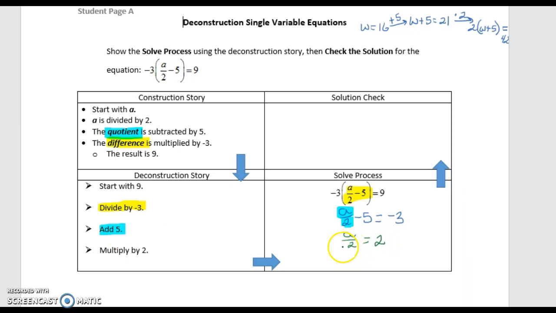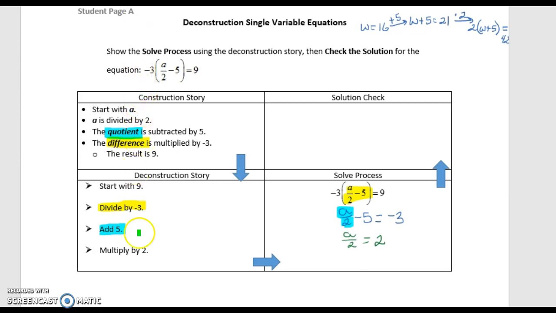If I add 5, I ended up from here to here, and then if I divide by -3, that's what happened from here to here. Going the other way, if I subtract 5, that is now -3. Multiplied by -3, that value is 9.